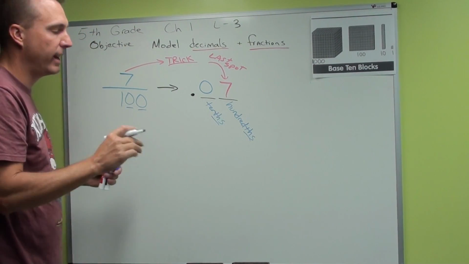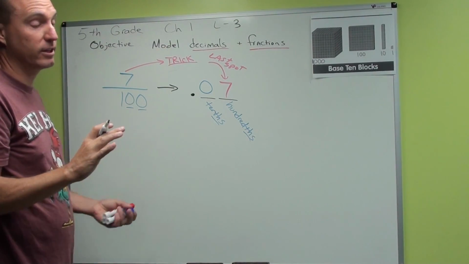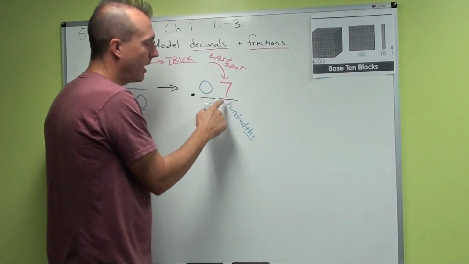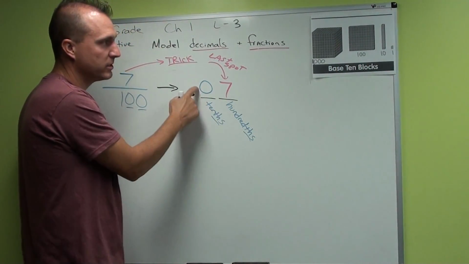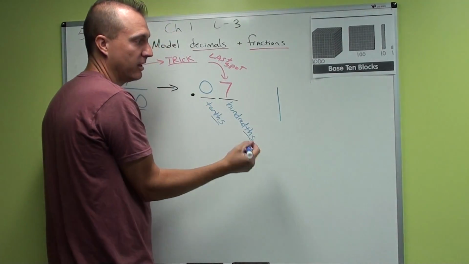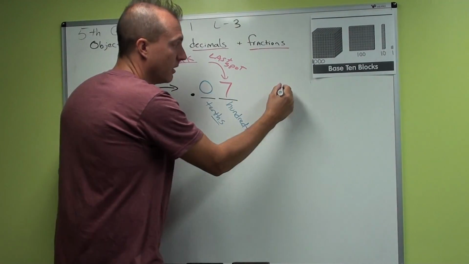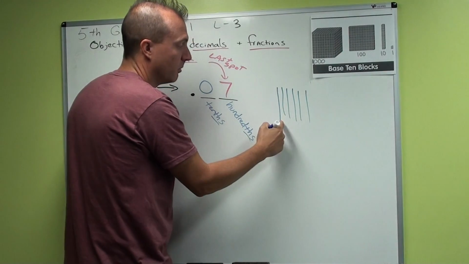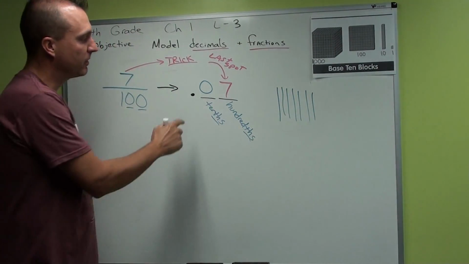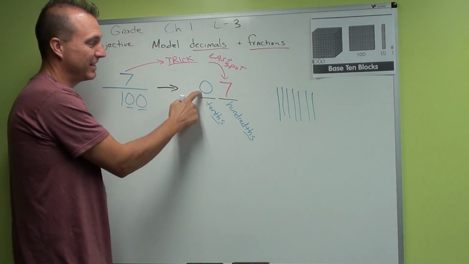Let's say I'm drawing it on my own now. Now it gets tricky. I know I need the hundredths block, but I only need 7 of them. There are no tens. That means there's no 10 stick. A lot of times people go, oh, there's 7? And they'll make 7 tens, and be like, I'm done, because they put the 7 here. That's a 0.